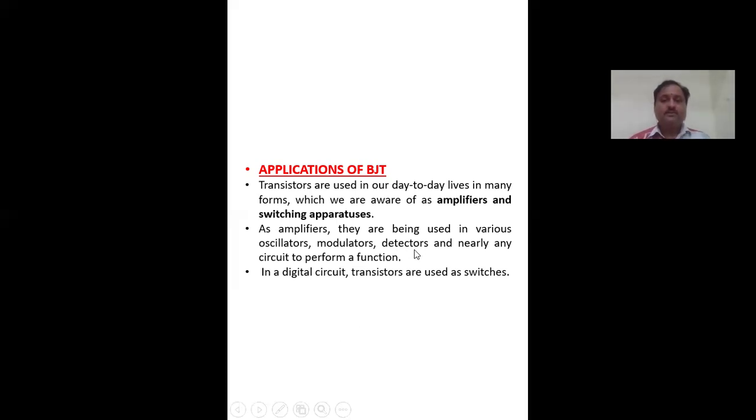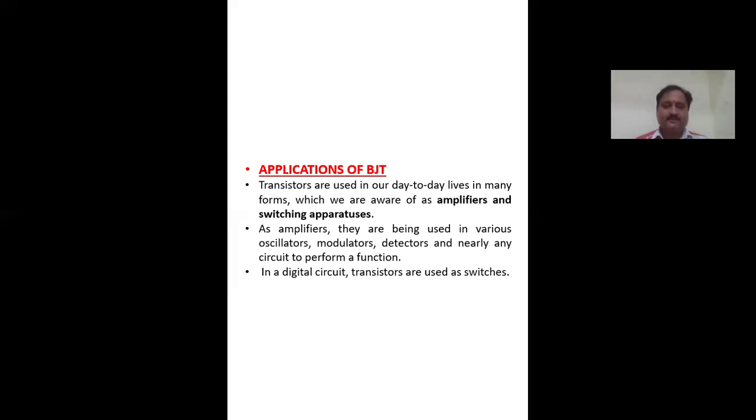In these devices also, we can use transistors. In digital circuits, in intermediate, you also read about digital circuits or gates, NOT gate, NOR gate, NAND gate, and in these devices and components we use transistors.